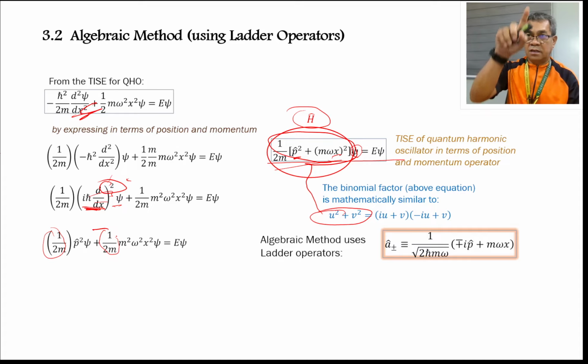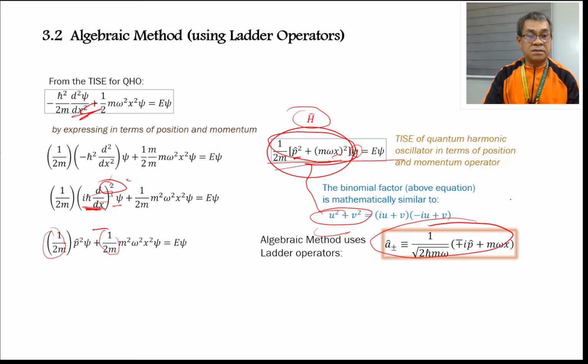So a hat means the ladder operator. So where did Griffiths find this one? For now we use this, but later on we realize that this is actually taken from this Hamiltonian. So for now, adapt this as our ladder operator.